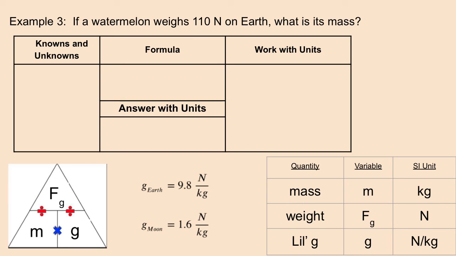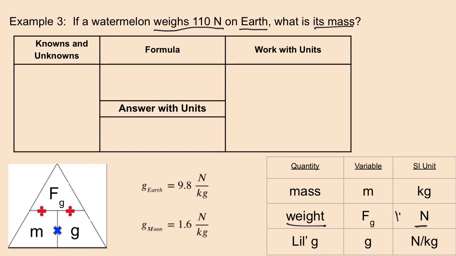Next one. All right, now we've got a watermelon. Groovy. It says a watermelon weighs 110 newtons on Earth. What is its mass? Okay.